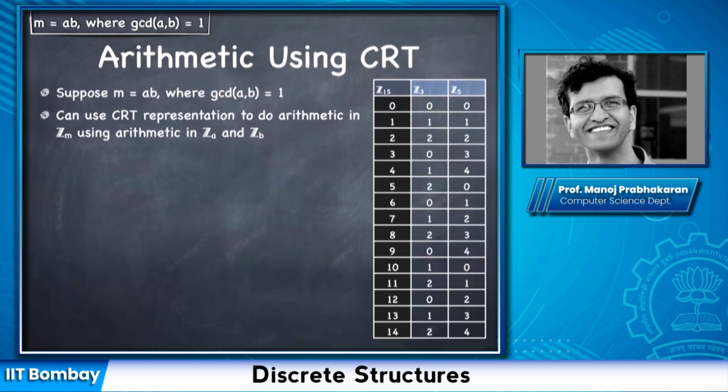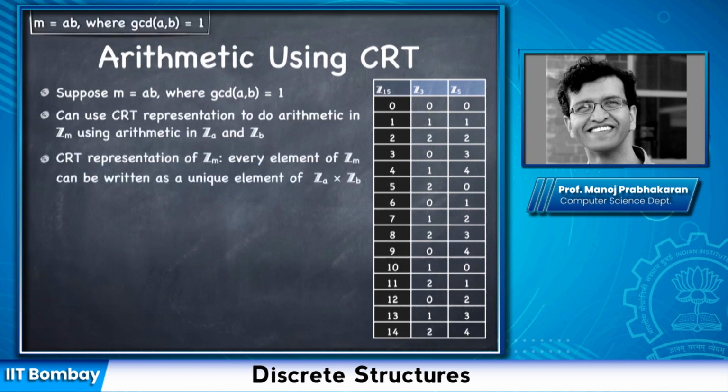The idea is that I can now use arithmetic modulo A and modulo B separately. These are smaller numbers, and use them to carry out the computation modulo M. Okay. So the first step in doing that is, whatever numbers I'm given that I need to do arithmetic on, I would use their CRT representation.